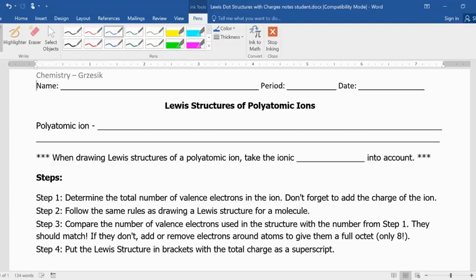Today we're going to learn how to draw Lewis structures for polyatomic ions. So first, it's good to review what a polyatomic ion is. You can find your list of polyatomic ions on the back of your periodic table.